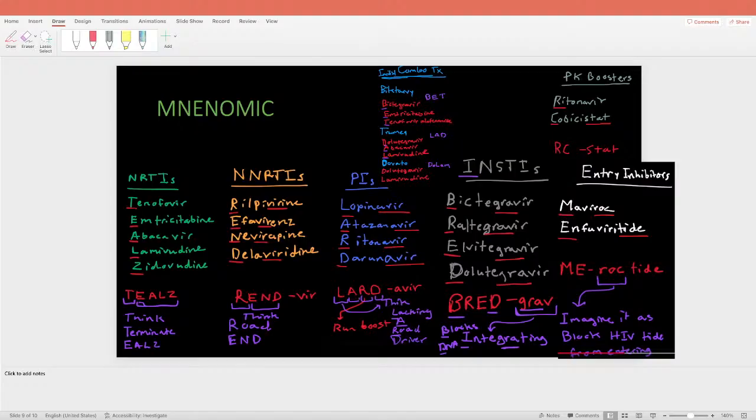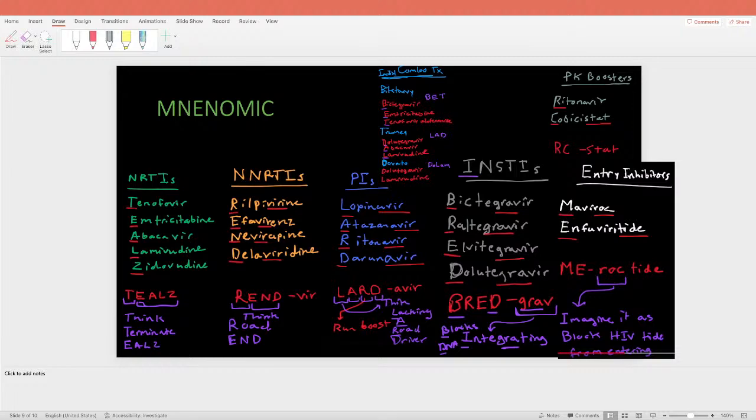Does anybody know? No? So good to see here, bictegravir, more like integrase strand transfer inhibitors. So you could see here the INSTI is used in this case.